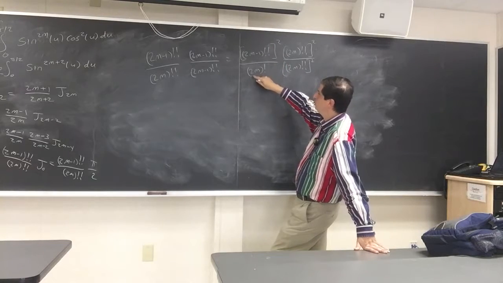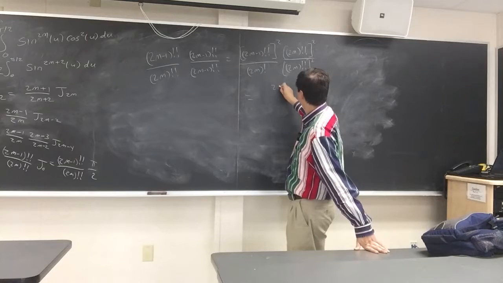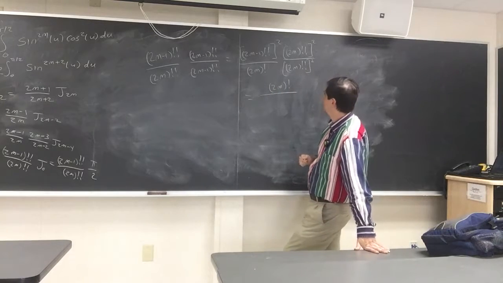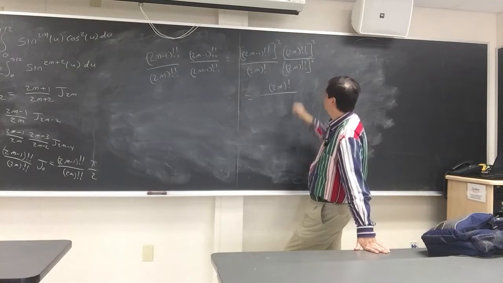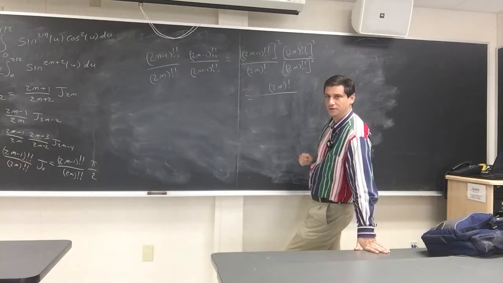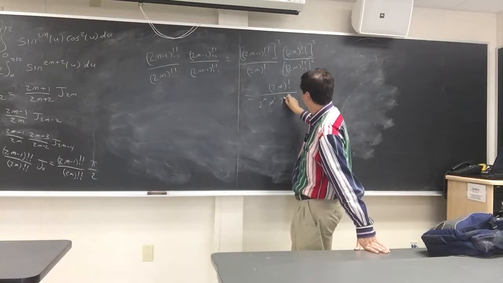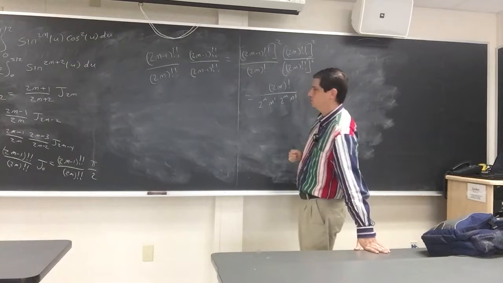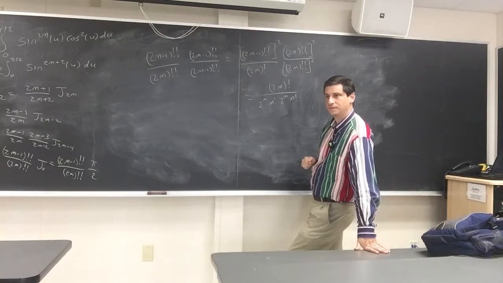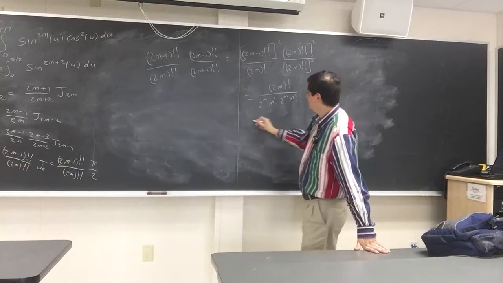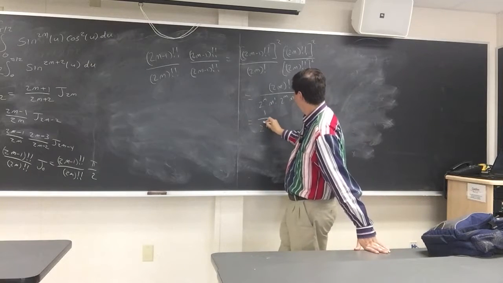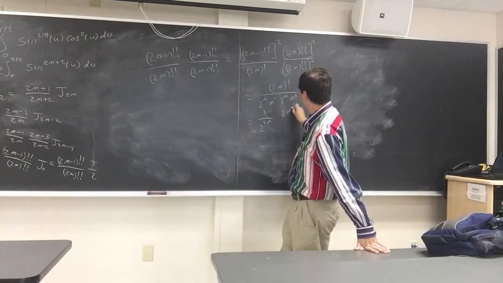We have a 2m factorial down below, so we're left with a 2m factorial above. Down below, we have 2m double factorial squared. That's the same as 2 to the m factorial, 2 to the m factorial. So that's going to be a 1 over 2 to the 2m choose m.